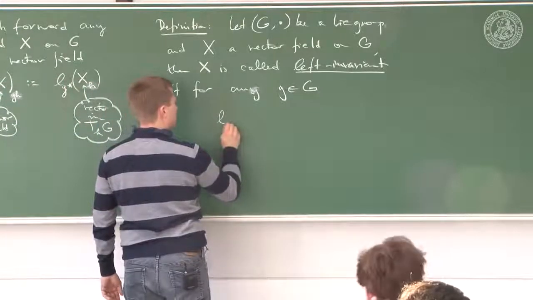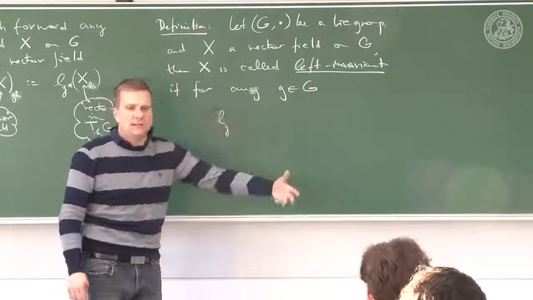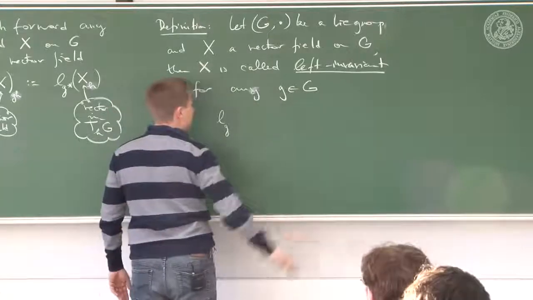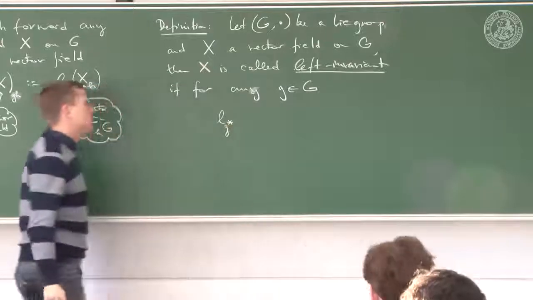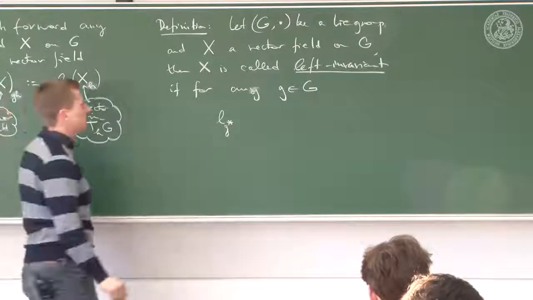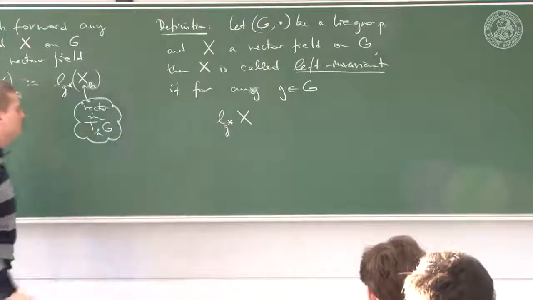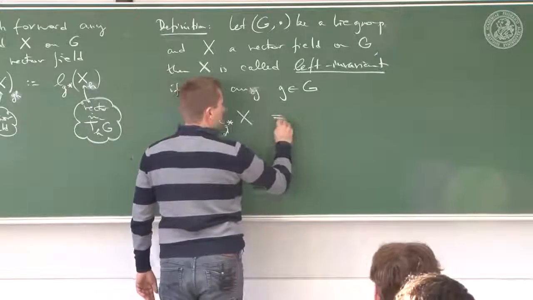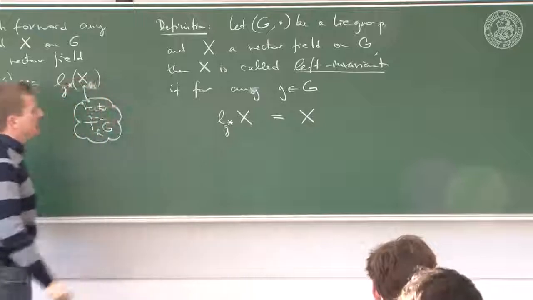the action of L_g, which if it acted on an element in G, would just multiply it from the left by g. Very trivial. But that's a smooth map, even a diffeomorphism from G to G. So I can actually apply the push forward that's associated with that. I can apply it to the entire vector field. And I require that the whole thing is again the same vector field.